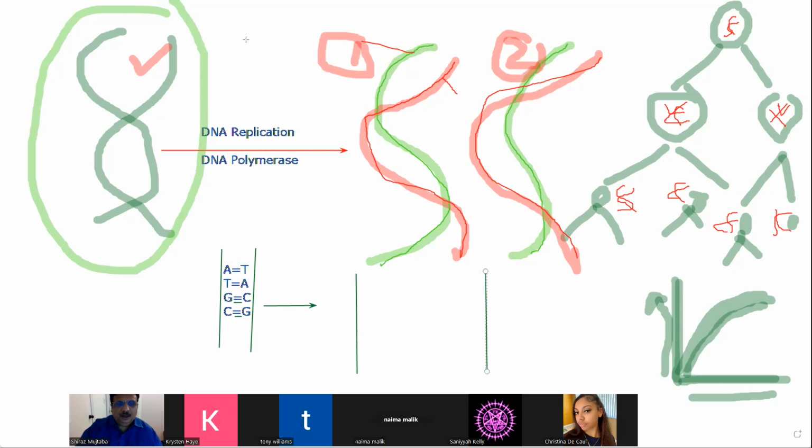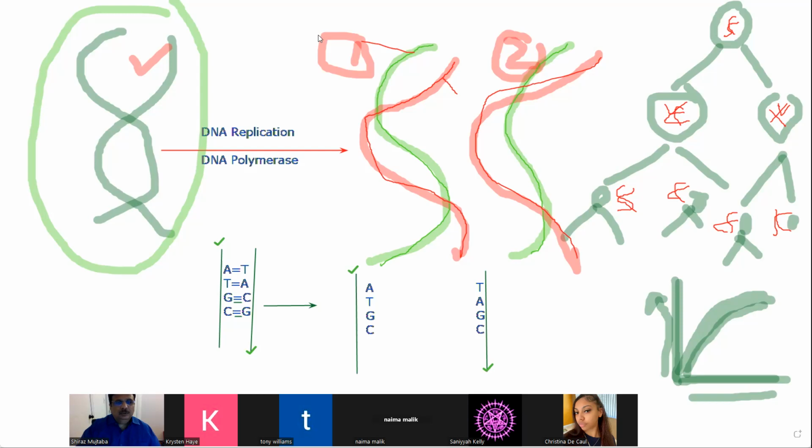And what are the things here? This parent strand has A, then T, then G, then C. And this parent strand has T, A, G, and C. So this parent strand is like this, and this parent strand is like this.